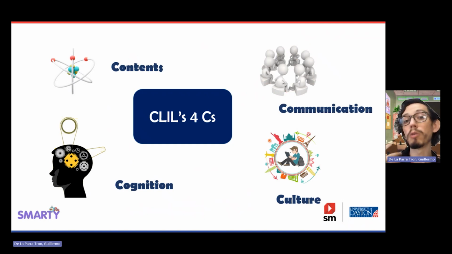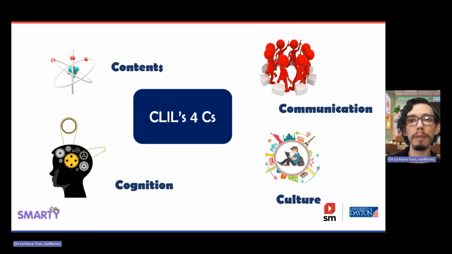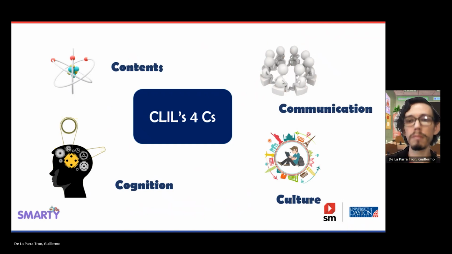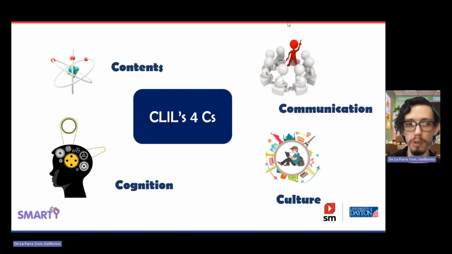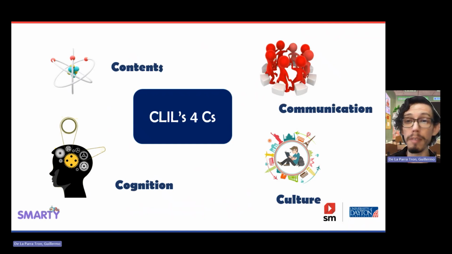That means that we are going to explore this content, provoking communication in our students, which will provoke the discovery of a cultural aspect of a global culture that requires the use of our thinking skills or our cognition. And that is clear in a nutshell, but I recommend that you explore a little bit more about this on your own.